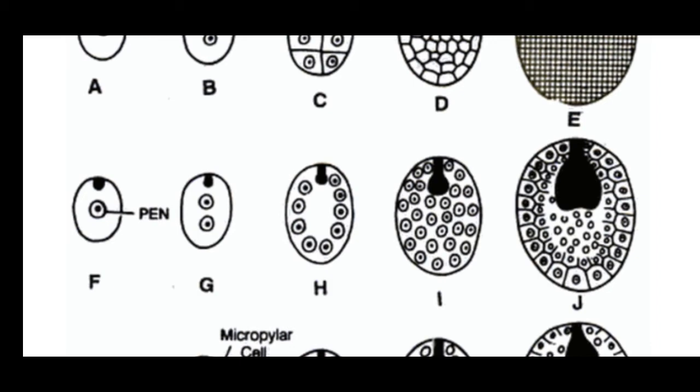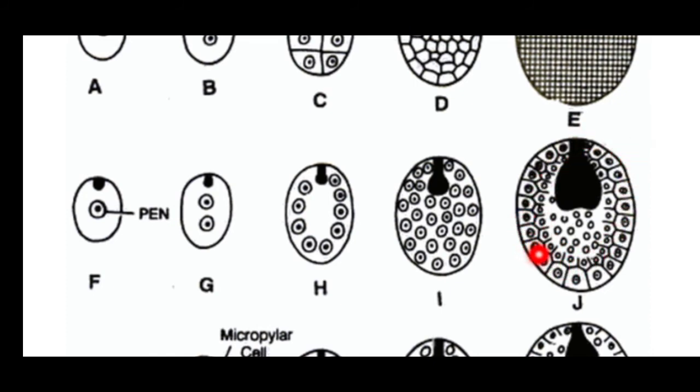What actually happens is, after forming enough nuclei, after enough free nuclear divisions, there will be formation of cells, meaning it will develop a cell wall in the peripheral region. So there will be formation of cells with those newly divided nuclei.